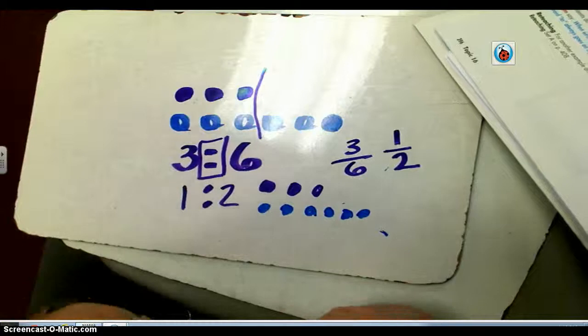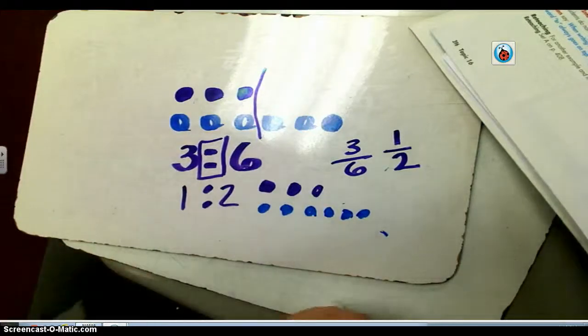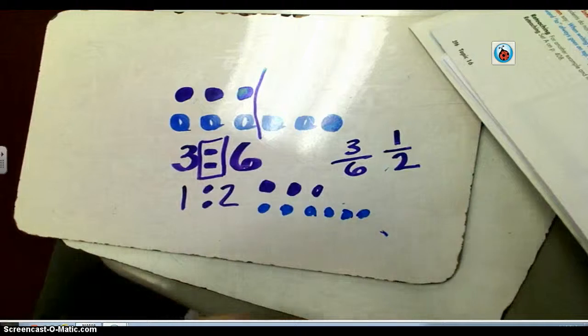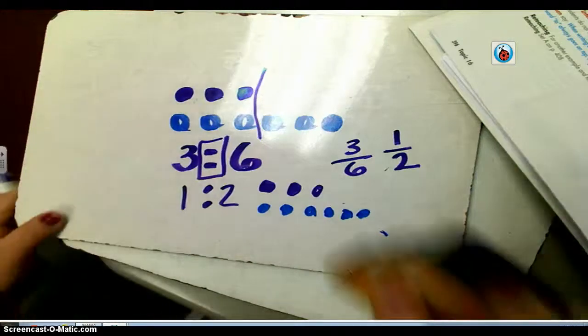On page 396, it says circles to squares. Tell me the ratio on your board. Give me 2 ways I could write the ratio for circles to squares. Circles to squares.